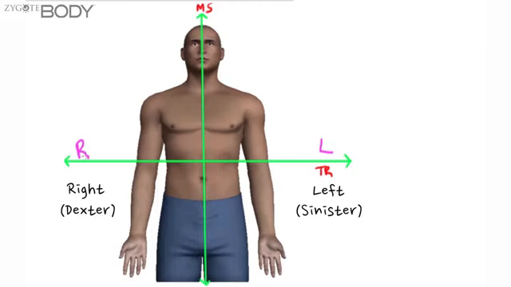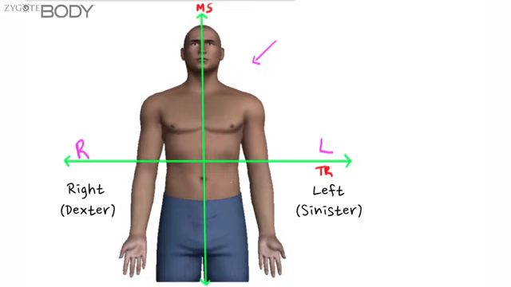Now, how do you determine left from right when you're looking at a subject or a structure? These directions are always determined based on the subject's perspective. So anything found on this side is the subject's left side, therefore this is a left part.